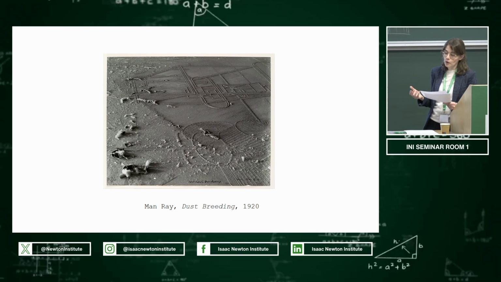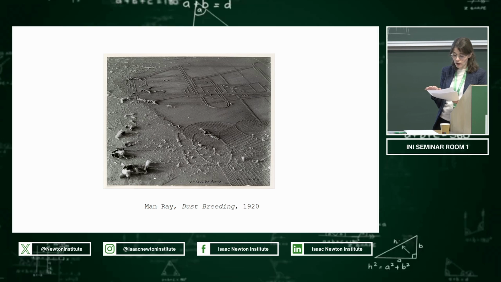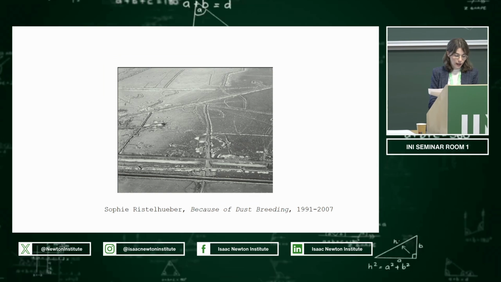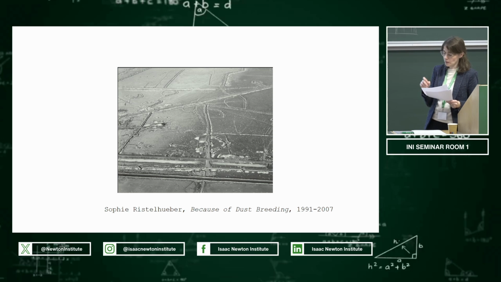This work is a photograph of the dusty surface of Duchamp's famous artwork, The Bride Stripped Bare by Her Bachelors, Even, which he had deliberately left uncovered while he went away and spent a year in New York. And as the critic Mark Mayer has noted, the connection between Dust Breeding and Fait, this is Ristelhueber's work, shows the kind of visual connection she saw.